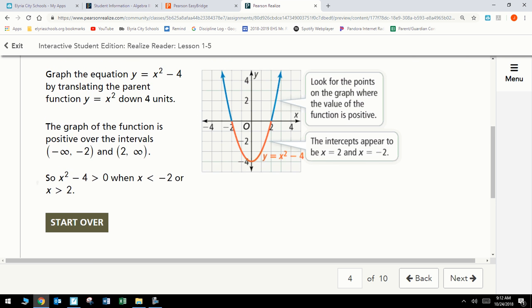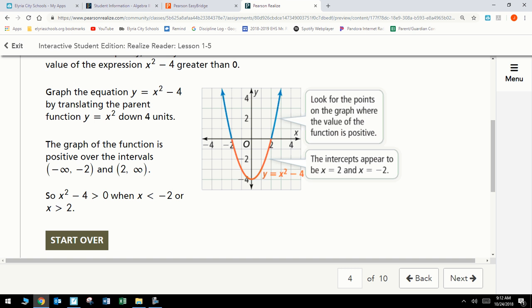So the solution to where x squared minus 4 is greater than 0, in interval notation, would be from negative infinity to negative 2, and from 2 to infinity. But we also want to be able to write that as an inequality: x is less than negative 2 or x is greater than 2.